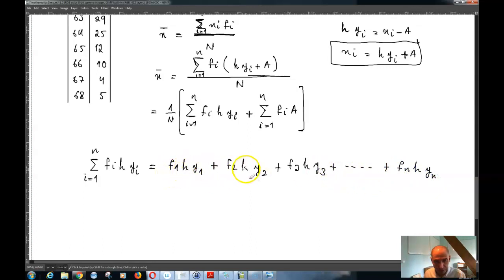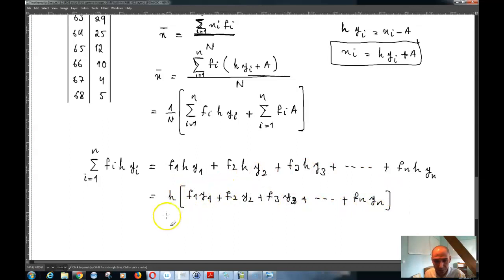So you can see that h is common in all of these terms. So I can write this as h times f of 1 y of 1 plus f of 2 y of 2 plus f of 3 y of 3 plus all the way up to f of n y of n.